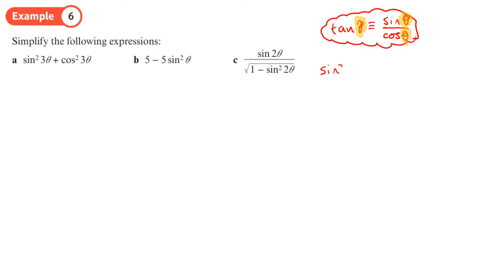We've got sine squared theta plus cos squared theta is 1. It doesn't have to be theta there, as long as those things are the same. So as long as that and this are the same, that identity holds.